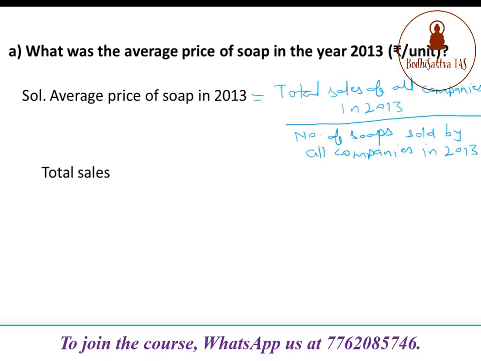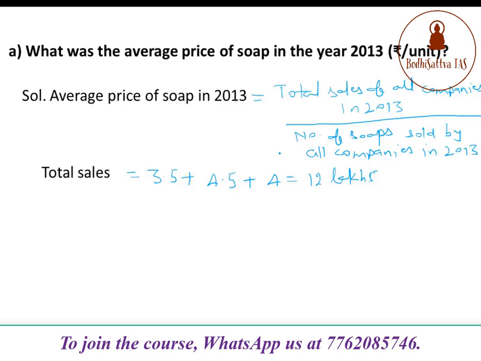Total sales will be equal to 3.5 lakhs by company X plus 4.5 lakhs by company Y plus 4 lakhs by company Z. If I add all of them, I will get 12 lakhs. So total sales by companies X, Y and Z in 2013 was 12 lakhs.